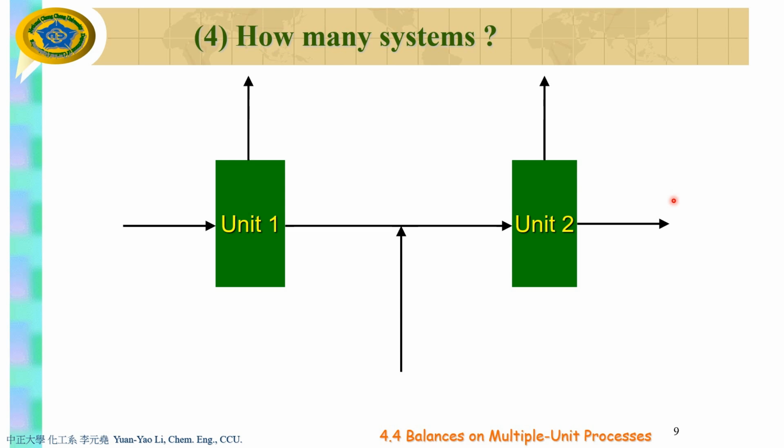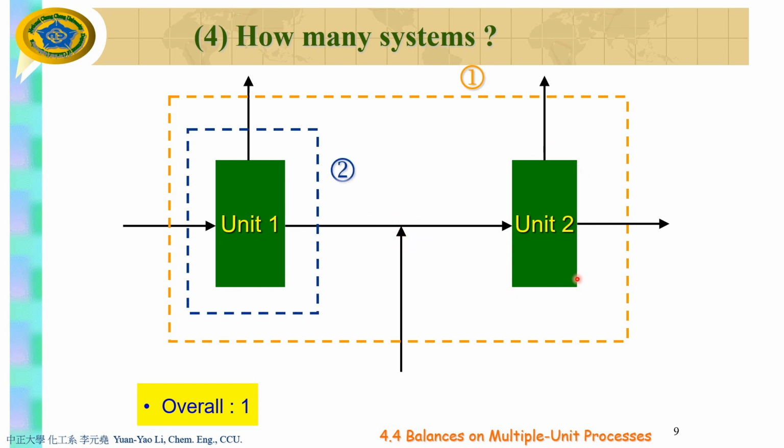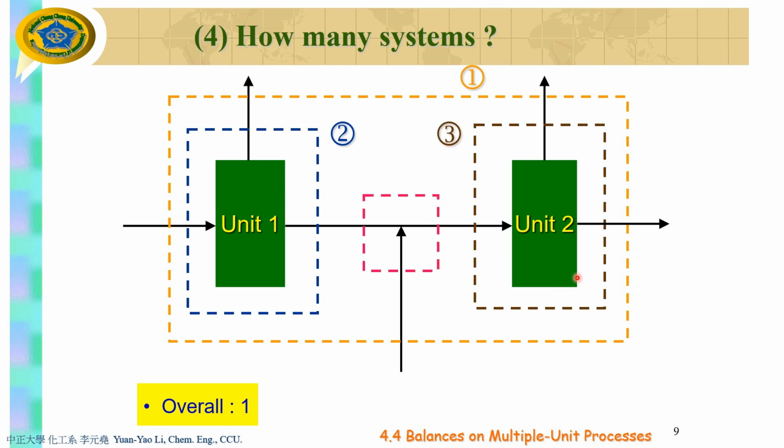Of course, you start with the easy one first, the overall process. This overall process is one system, right? Number 1 system. And do it the easy way, single unit system, single unit. 1, 2, 3, right? 1, 2, 3.